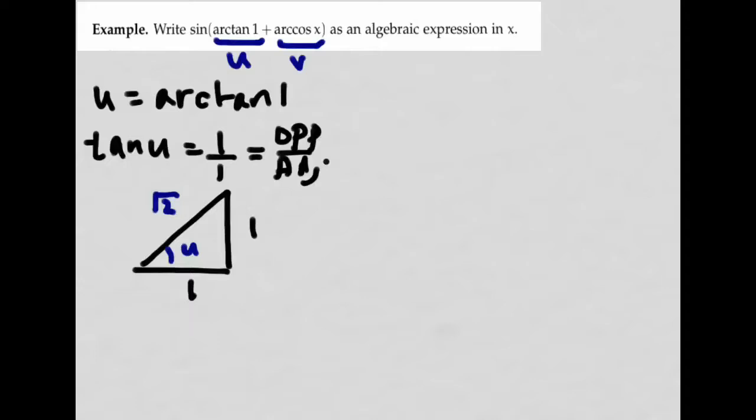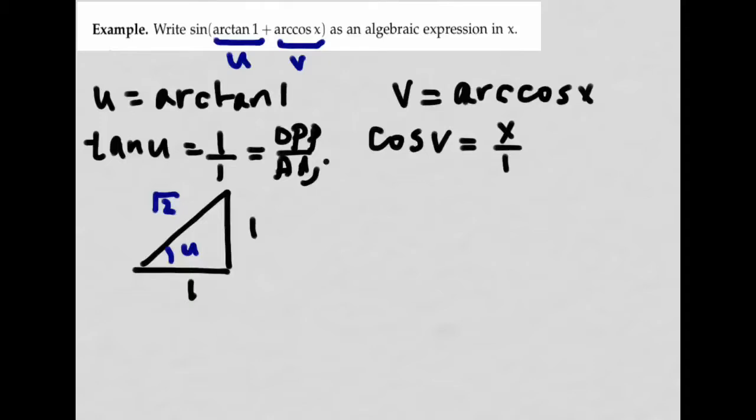Let's move on to v equals arc cosine x. If we apply cosine on both sides, we'll get cosine v is x, which is x over 1. In a right triangle, the cosine is the adjacent over the hypotenuse.